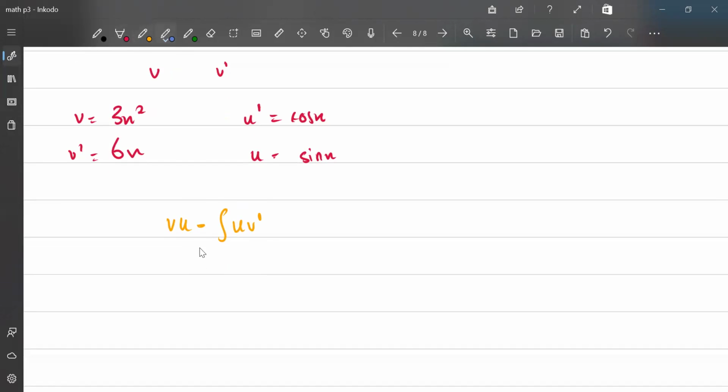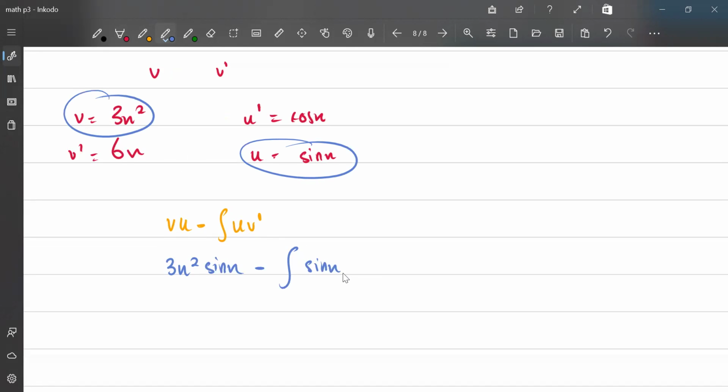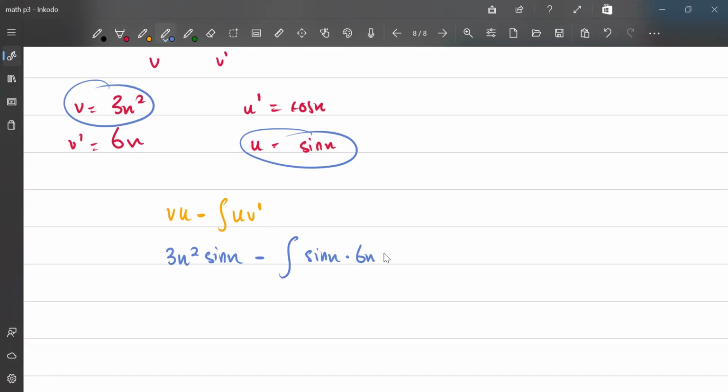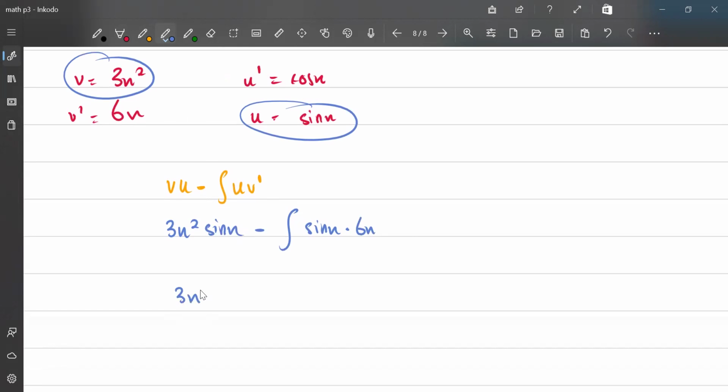So we have v, which is 3x square, u, which is sin x, minus integral of u, v dash, which is 6x. So 3x square sin x minus integral of 6x sin x.